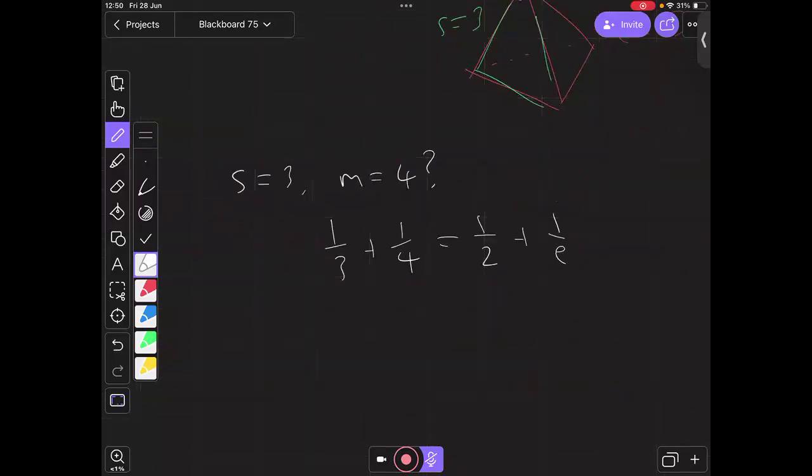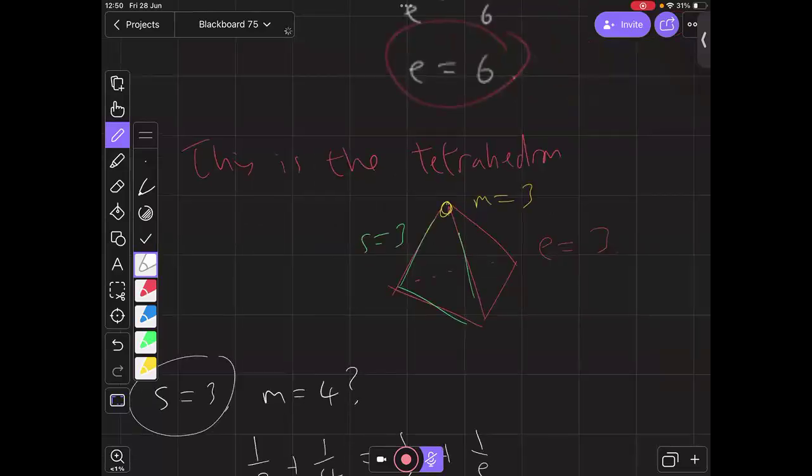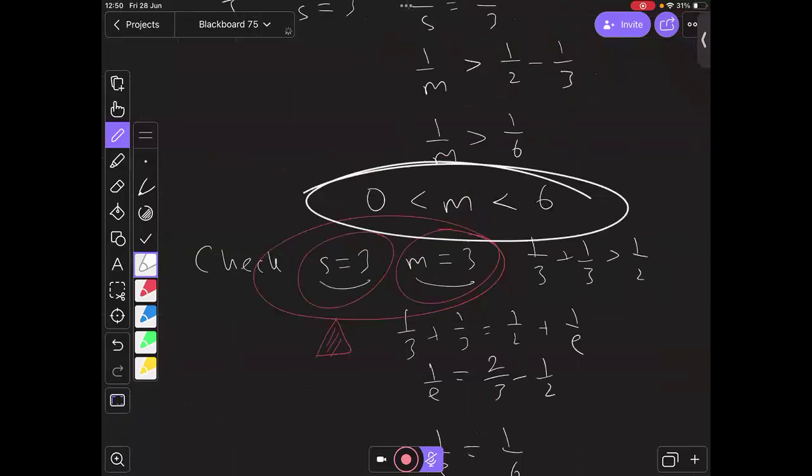Is this making sense? You understand we're still on S equals 3. We're trying all the possibilities. When S equals 3, go back up, you know that M is constrained. You know that M is in here. So I'm trying the numbers in here.